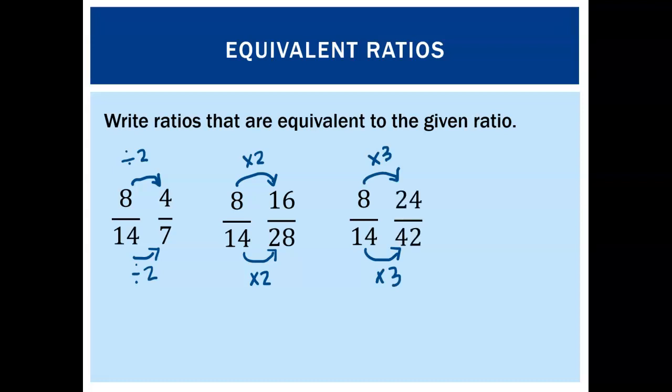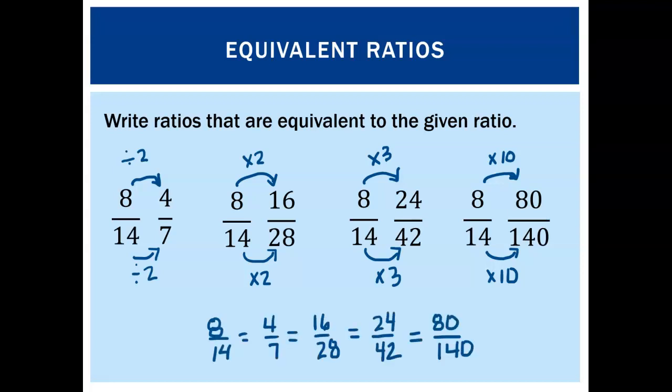This would give us 24/42, which is also equivalent to 8/14. In fact, you can create an infinite number of equivalent ratios. Another example would be to multiply them both by 10, and this would give us 80/140. And we could go on and on. But the point is, all of these are equivalent.